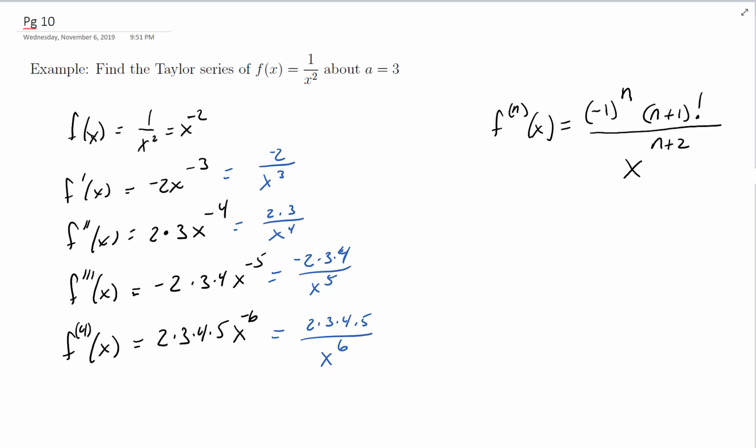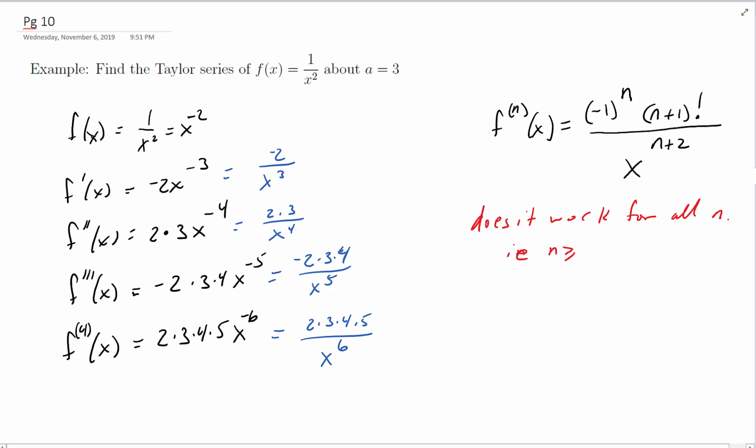And the question we want to ask is, does it work for all n, i.e. n greater than or equal to 0? Because when n is equal to 0, that's the original function. So let's just look at when n is 1: that's minus 1 to the first, so that's negative. 1 plus 1 is 2, factorial, so that's a 2. x to the 3, so it's x cubed.